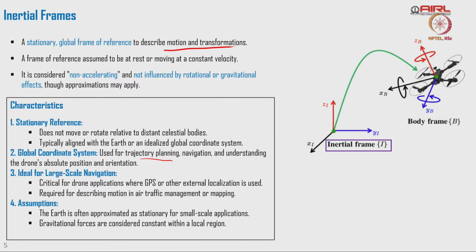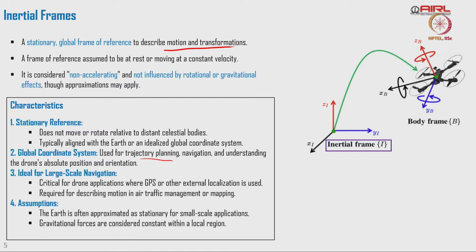It is used for trajectory planning, for navigation from one point to another point. It is also used to understand where the drone is at any given time and what orientation the drone has, what is the heading of the drone, in which direction it is moving. I need a global reference system for that, right.